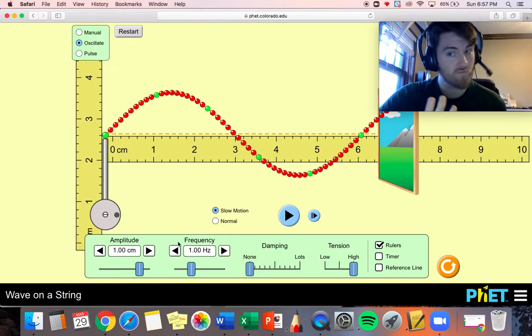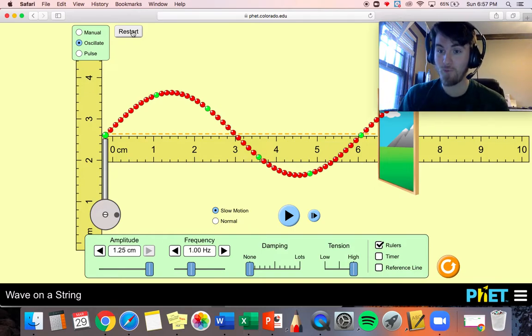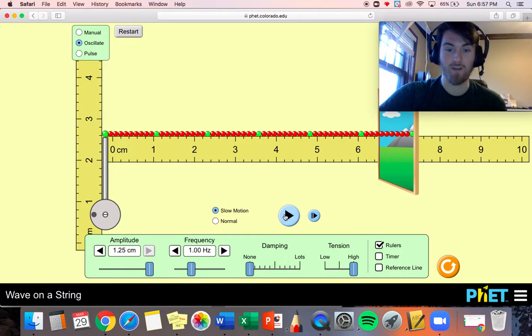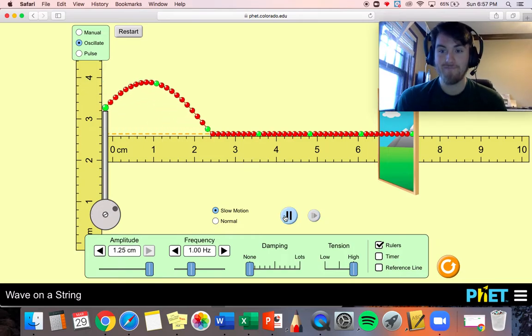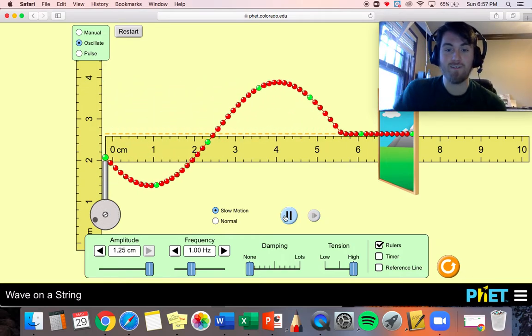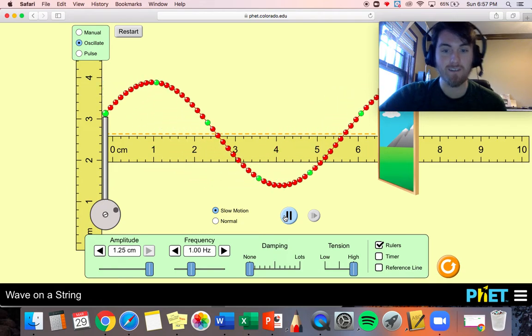Let's keep that as trial 2 at 1.00 centimeters, and let's crank it all the way up to 1.25 centimeters. I want you to first make a hypothesis. What do you think the wavelength is going to be whenever I reset it? This is the highest possible that it can go. I'll let it run for a bit.